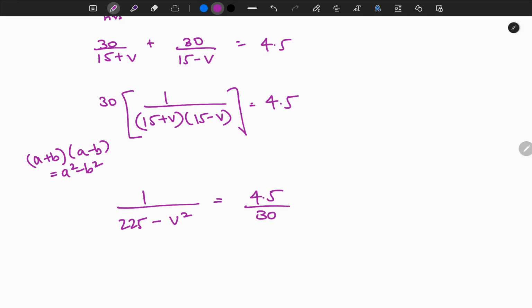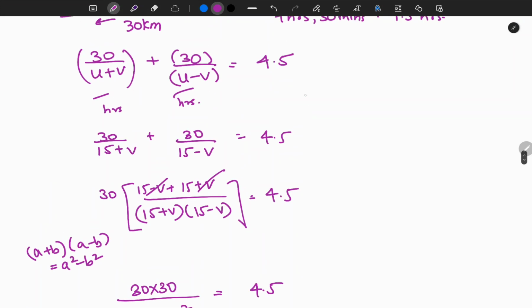I have made a calculation mistake, so we are just going to re-evaluate this. This will actually be 15 minus v plus 15 plus v, and your minus v and plus v cancels out. So now you essentially have 30 into 30 here.